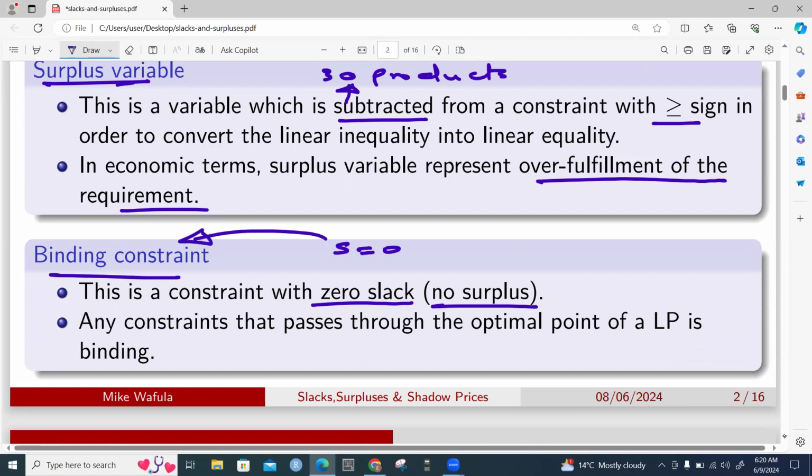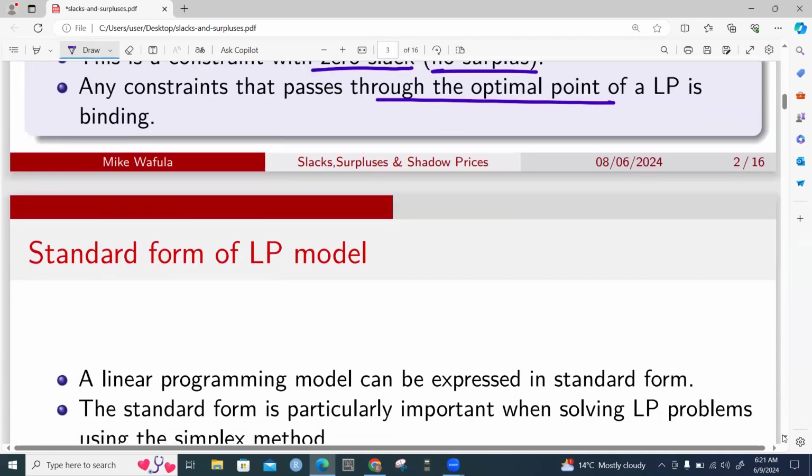And in all cases, binding constraints always pass through the optimal point. If you have graphed all the constraints of a linear programming problem, you'll find that the optimal point in the feasible region is a point where all the binding constraints intersect. And so binding constraints always have zero slack or no surplus at all.